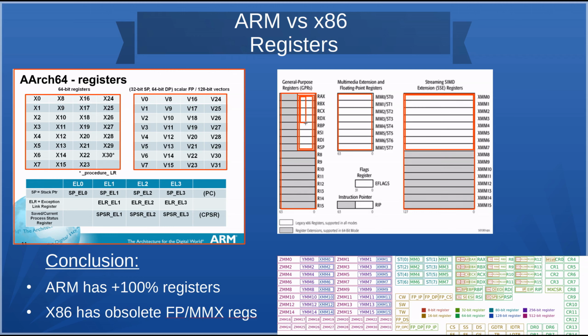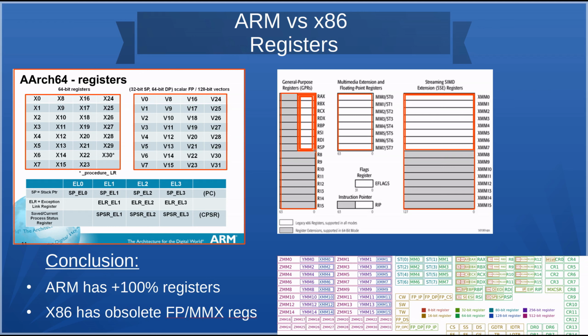Why did they increase the registers from 8 to 16? It doesn't make sense, right? When there is no influence on performance. No, it has a direct influence on performance. So yeah, more registers is better.